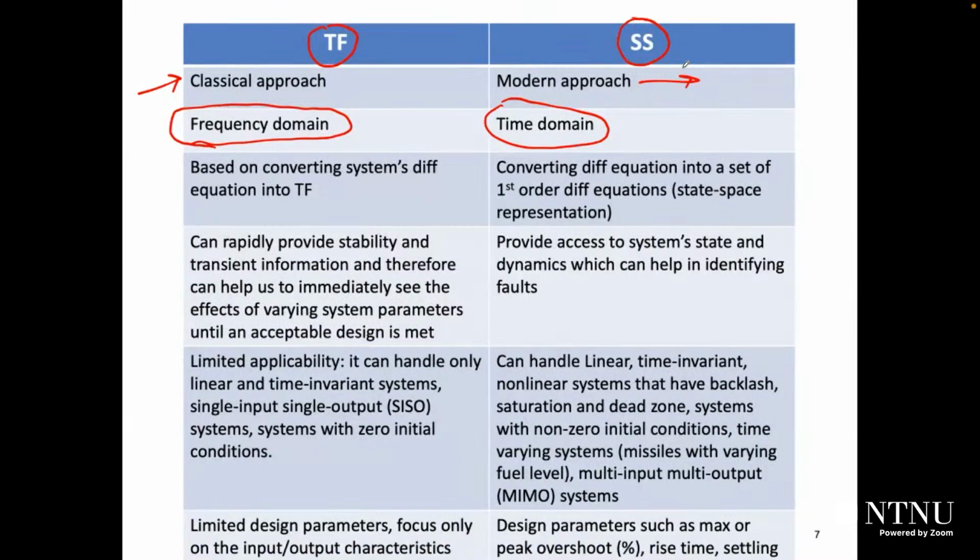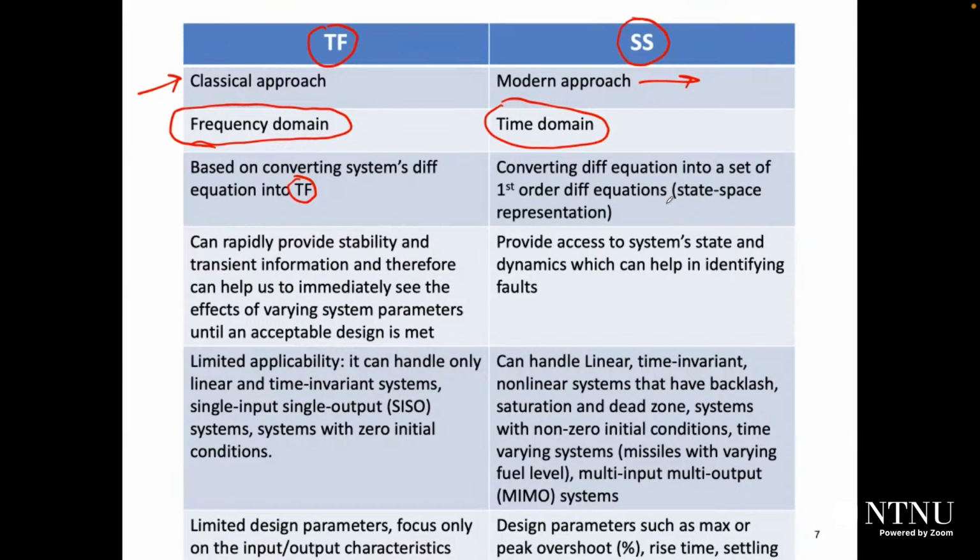The transfer function is based on converting your system's differential equation into a transfer function. So if you have a differential equation representing your system, you need to convert it into a transfer function in order to be able to check stability, for example, and design a controller in the frequency domain. In state space representation, we also have a differential equation. This differential equation could be higher order, second order or third order, for example.